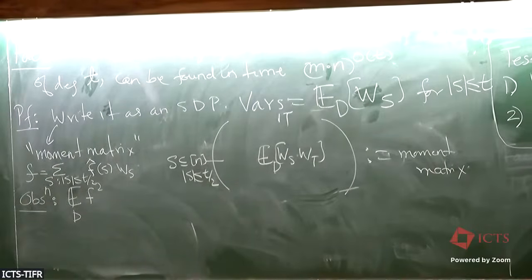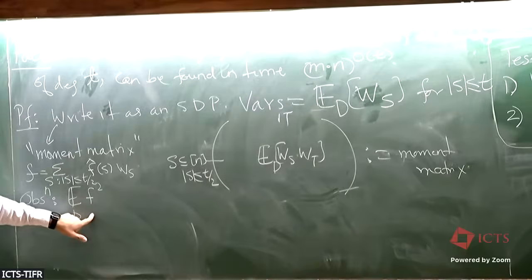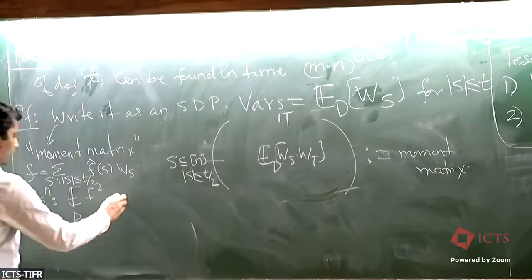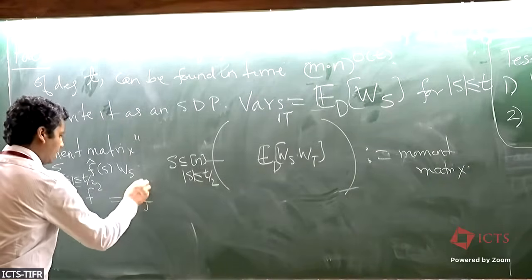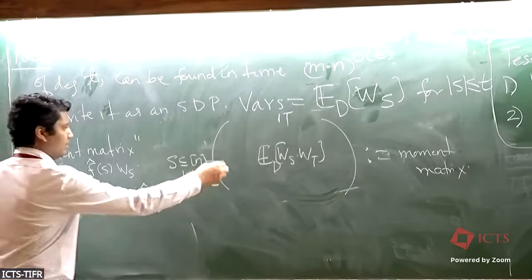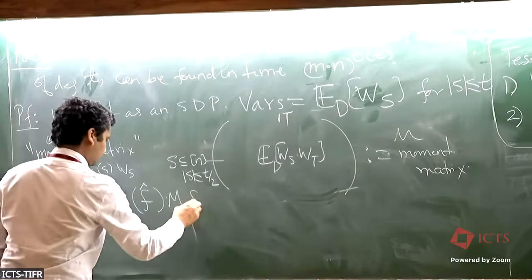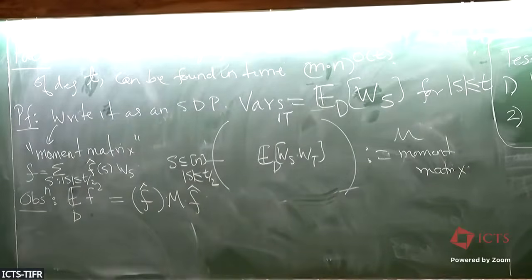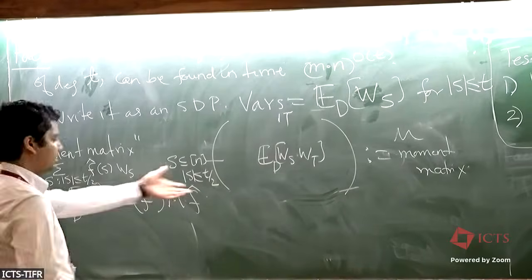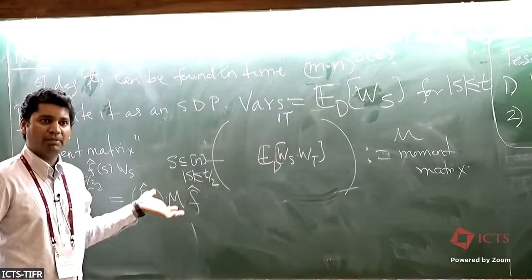And let's say I want to compute the expectation of this square. Then the observation is that this is simply a quadratic form of this matrix M. So that's the key observation, that expectations of squares of polynomials are quadratic forms of the moment matrix. And this you can compute. This is just direct computation. There is no mystery here.